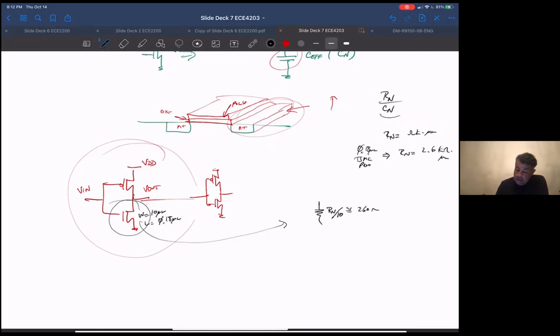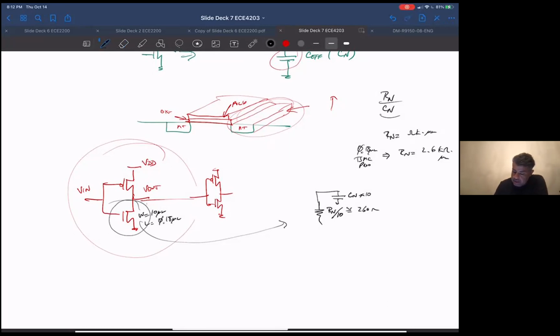Okay, so that would be the resistance of the N. Now, because we're trying to figure out an RC time constant, we have to start figuring out all the different capacitances. The first thing is the capacitance of the N. The N is 10 microns wide, so the capacitance is going to be C sub n times 10, because it's 10 times as wide.